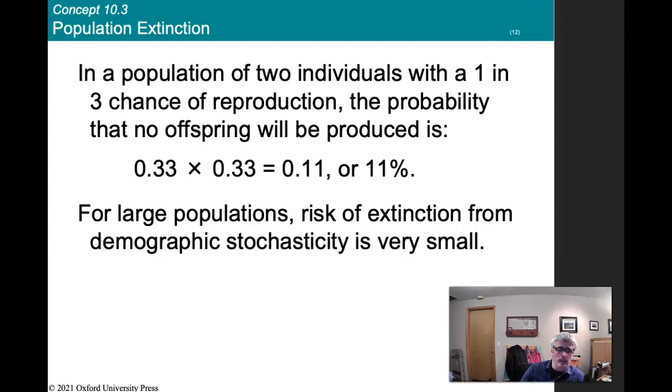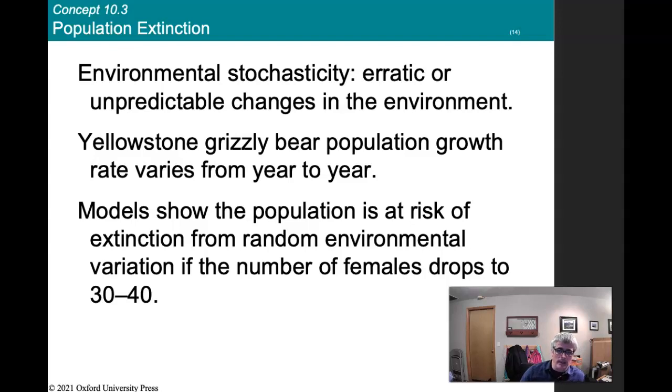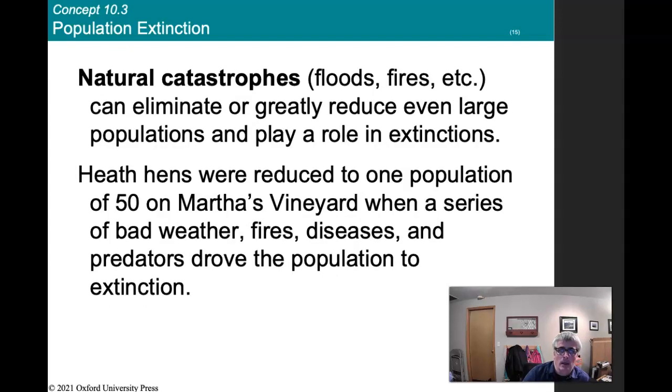So demographic stochasticity is a bit more around the demographics: number of offspring produced, likelihood of successful mating. Environmental stochasticity is changes that are directly related to the environment. And then you have natural catastrophes. Floods, fires, etc. can eliminate or greatly reduce even large populations and play a role in extinctions.